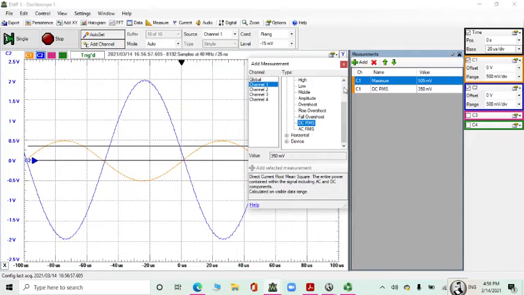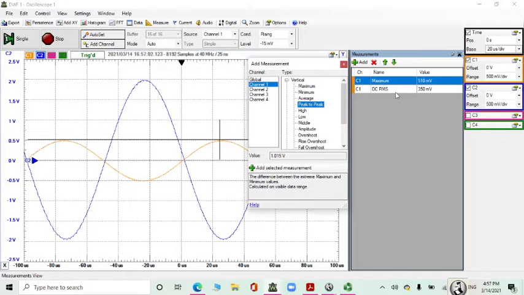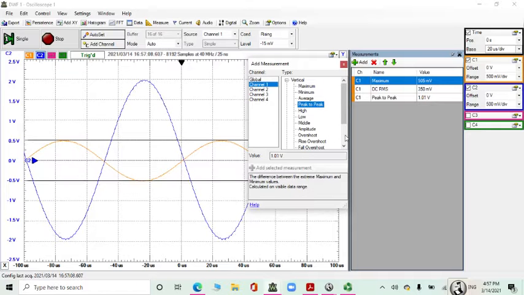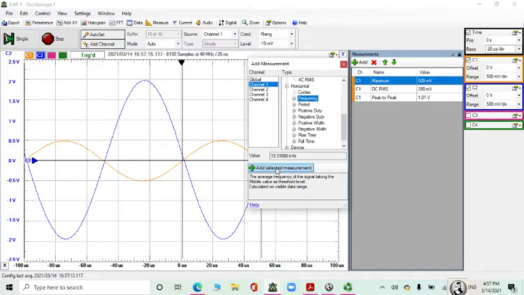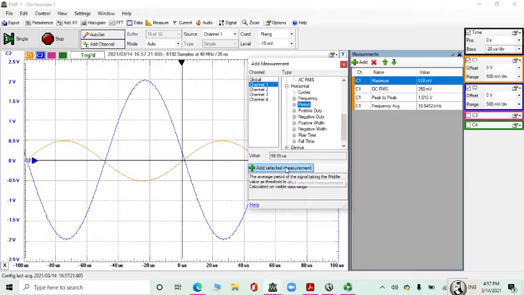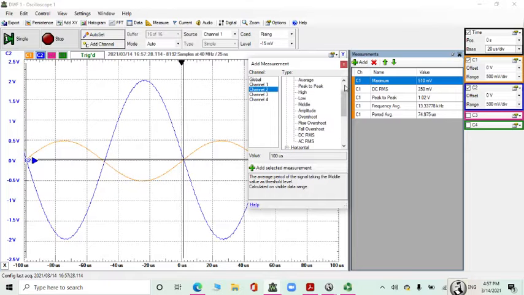Also, we need peak to peak. What else? You can choose any, but this is what we need so far. For the horizontal, we need the frequency, and we need, let me do it, period, which is 1 over F. And then go to channel 2.